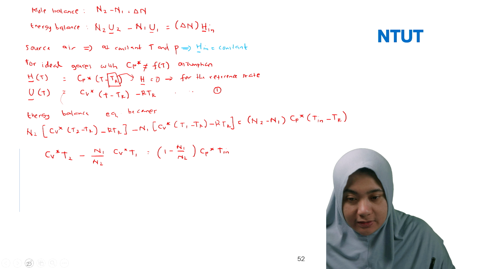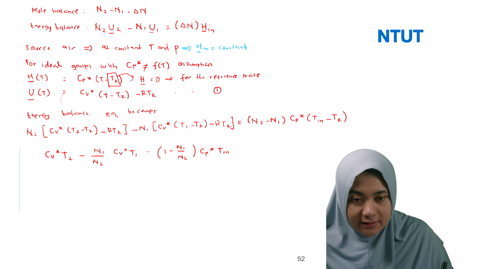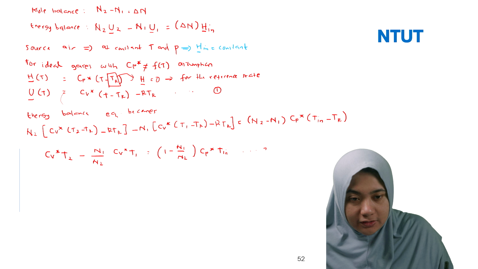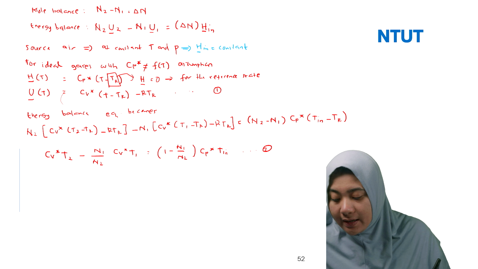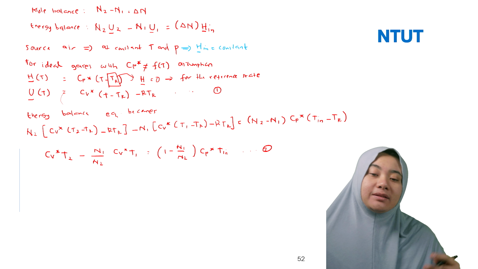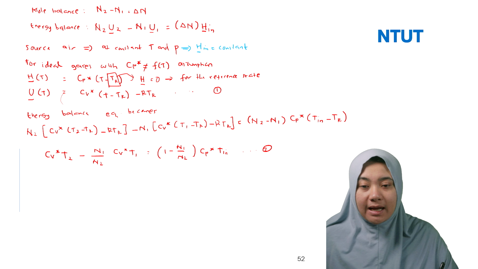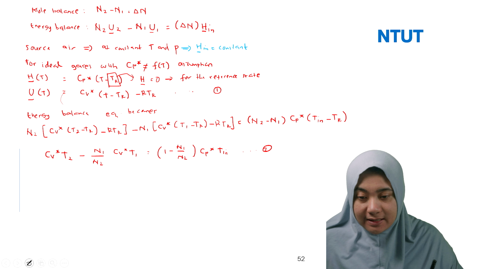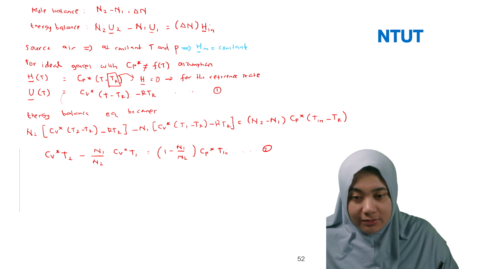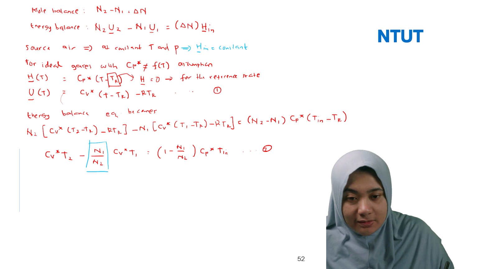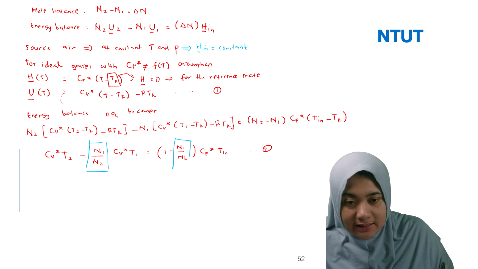Okay, temperature in. Here it's not really clear. So this is the second one. Then if you have the constant, because N1 divided by N2, we can replace this term into the ideal gas. I will change the color to blue. We will use the ideal gas equations.